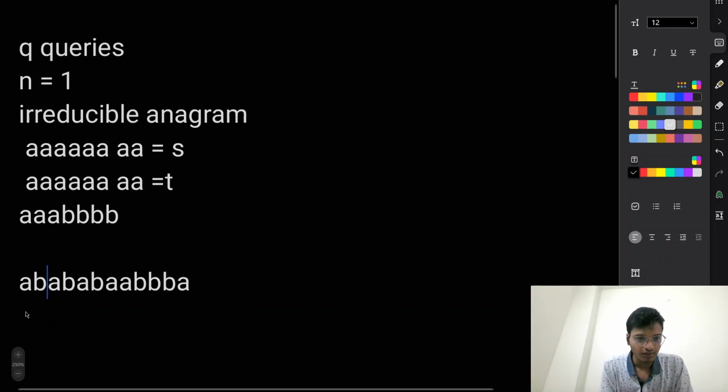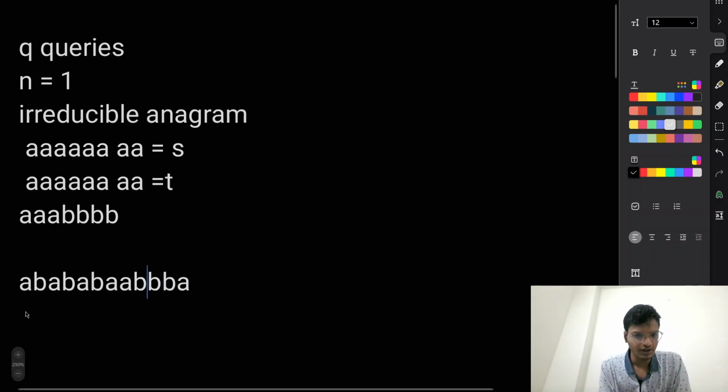Our main goal is, if we can partition from the prefix side, and if we have done that partition and then rearrange, it becomes an irreducible anagram. So our main focus is to make the prefix part an irreducible anagram so far, like this one and this one.